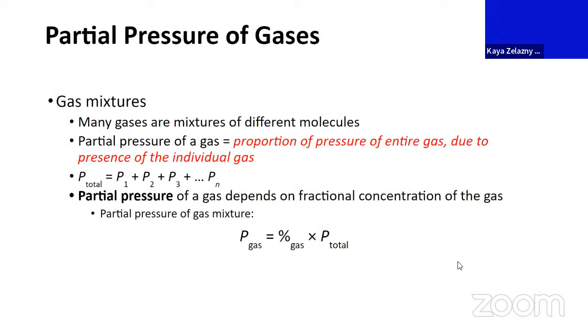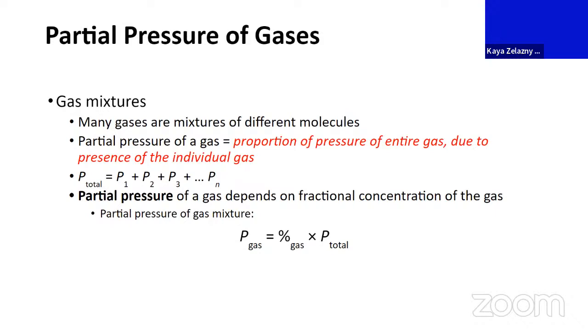So when you're breathing in air, you're not breathing in pure oxygen, you're not breathing in pure carbon dioxide, right? On a normal daily basis, you're breathing in air that's a mixture of gases, okay? So we've got a mixture of different molecules forming the gas around us. What the partial pressure of a gas is, we're describing that gas as being a total pressure, right? So like take our atmospheric pressure of like 760, right?